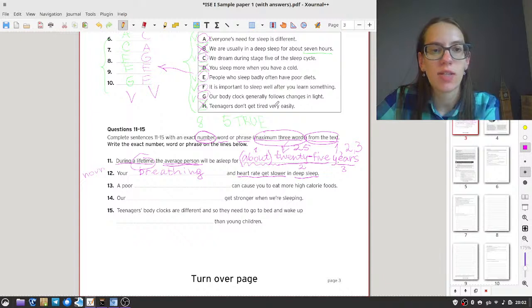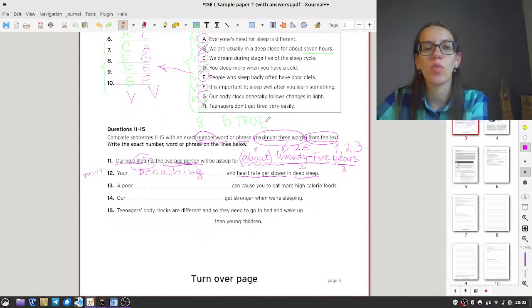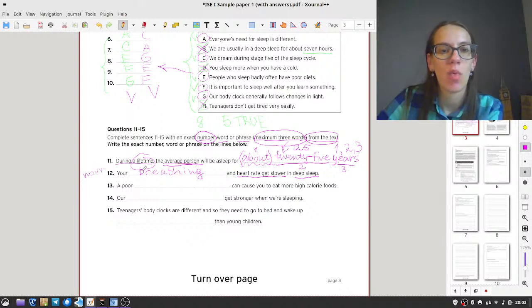Now let's look at number 13. A poor something can cause you to eat more high-calorie foods. So what kind of words do we need here, or phrase? Yeah. Poor something. Well, can it be a verb?